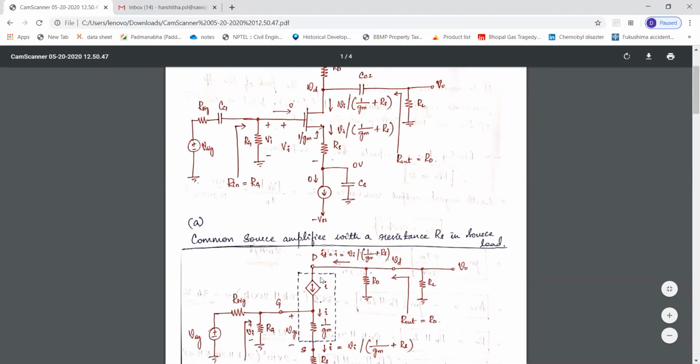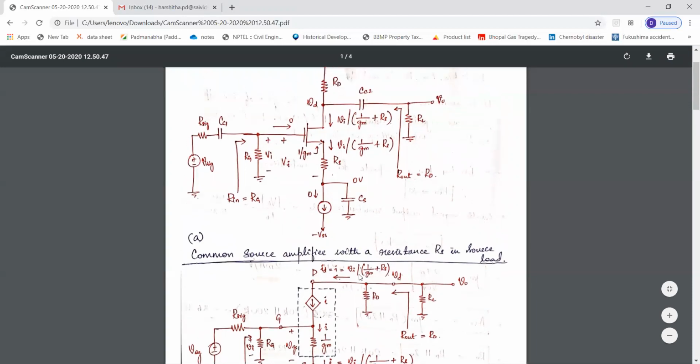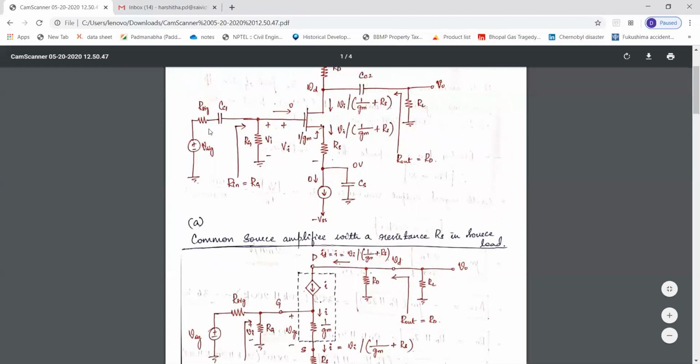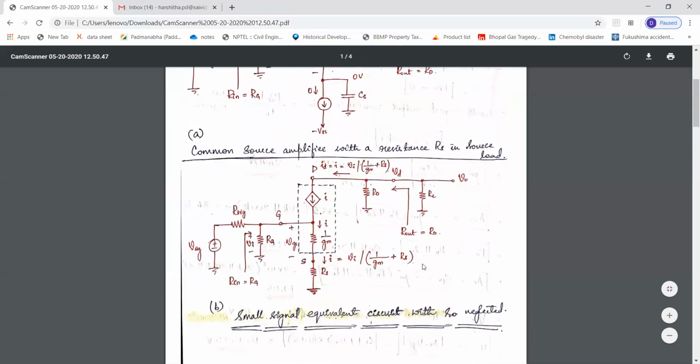This is the current source that carries a current I. Previously it was gm into VGS. Here it is I, and the resistance is of value 1 by gm. Apart from this, the drain resistance RD, RL, RG, R signal, and V signal are all the same.